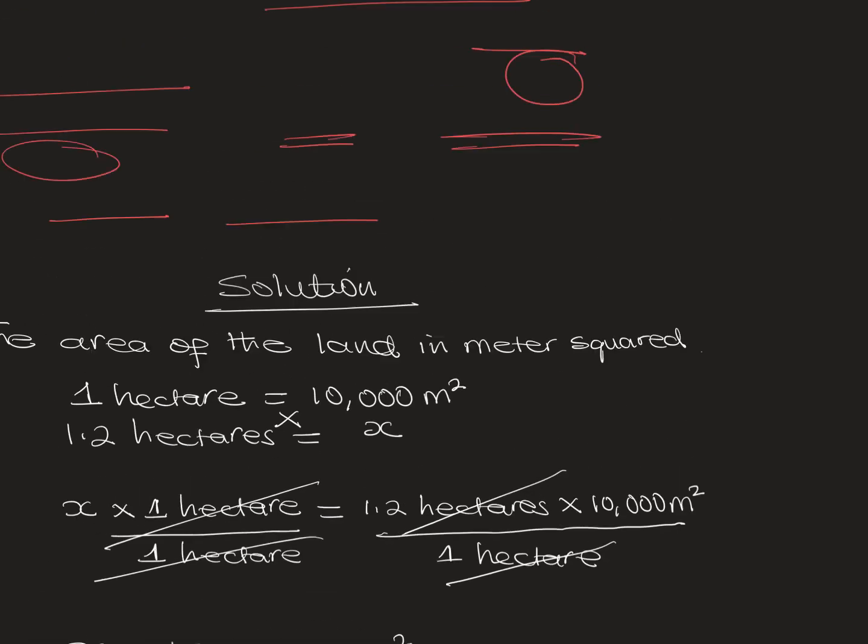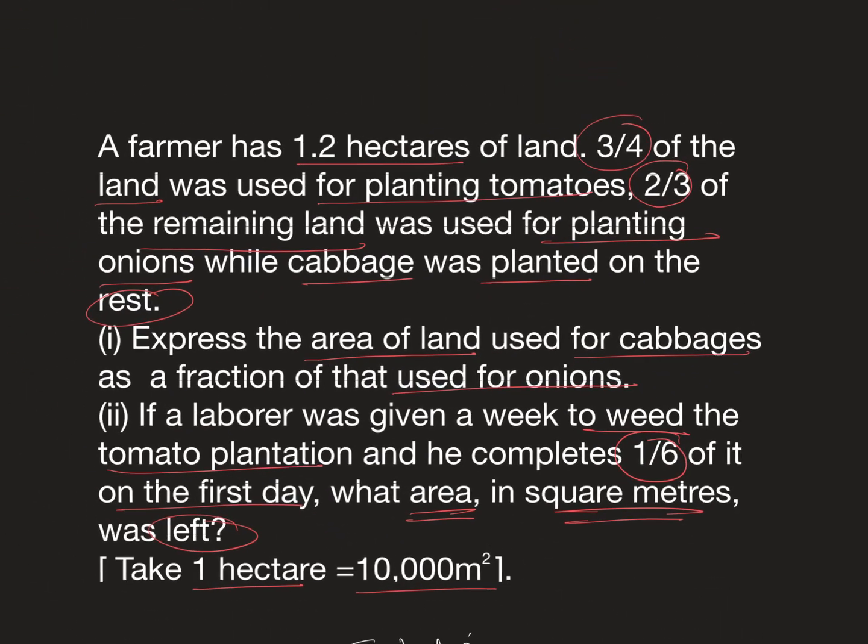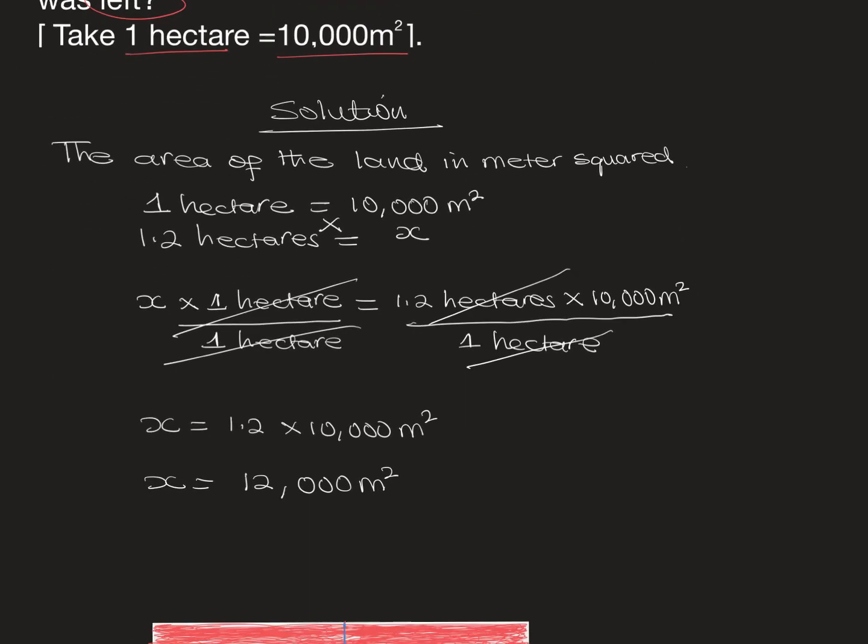Moving on to the question again, it says 2/3 of the remaining land was used for planting onions, while cabbage was planted on the rest. So going back to the diagram, this area was the remaining land. So 1/4 was remaining, right?